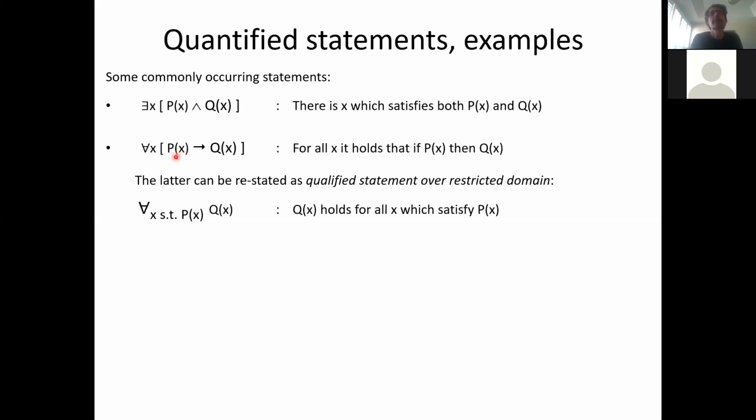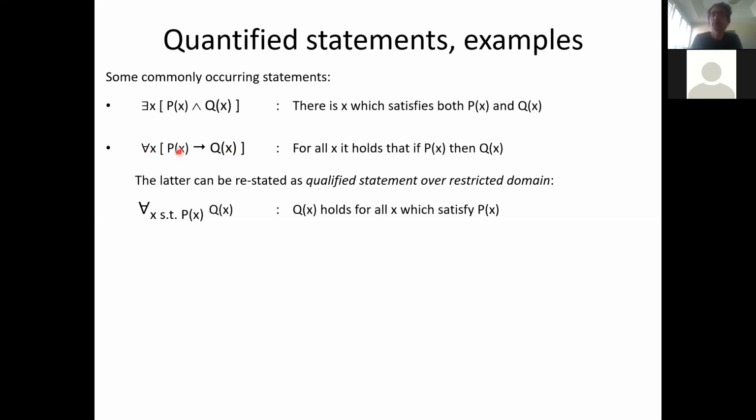Let's say the P predicate says that an integer is divisible by 4, a multiple of 4, and Q says that an integer is a multiple of 2. Well, then for all x, if x is a multiple of 4, then x is also a multiple of 2.